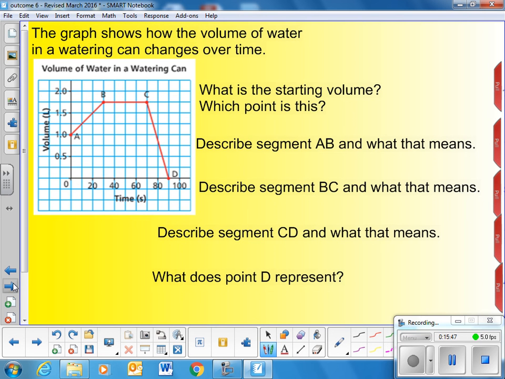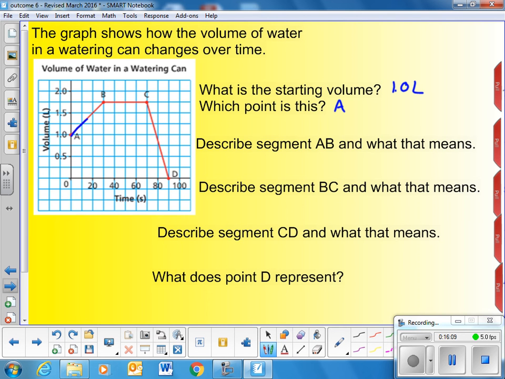This graph shows how the volume of water in a watering can changes over time. First question, what is the starting volume? So the starting volume is at time 0, it would be 1.0 liters. Which point is this? Point A. Describe segment AB and what that means.